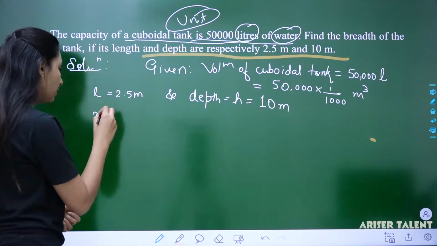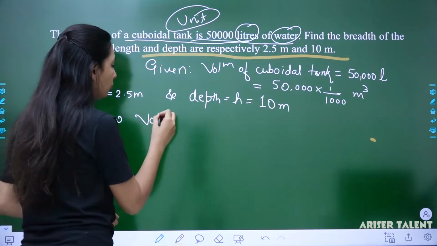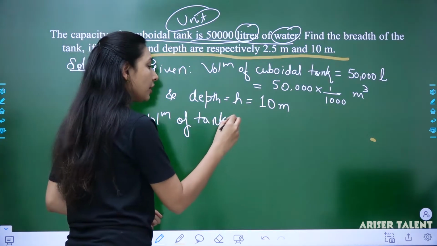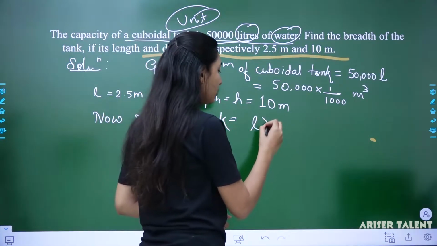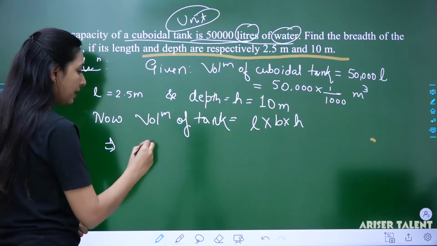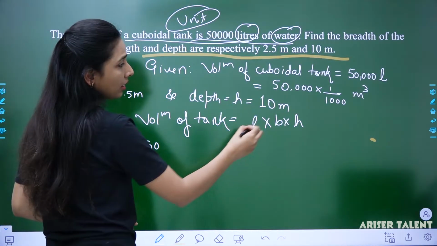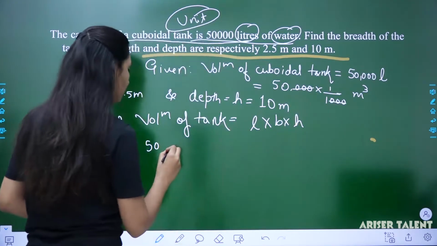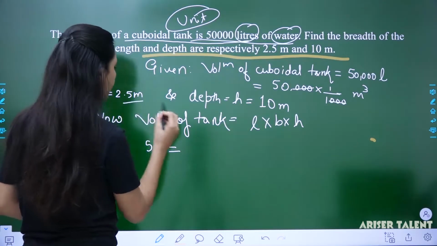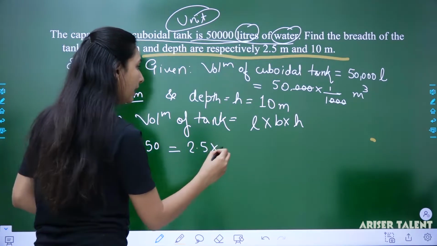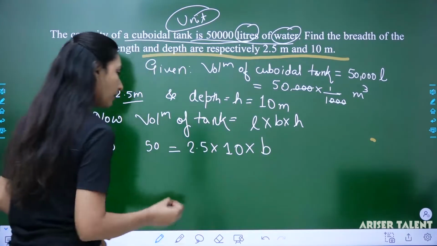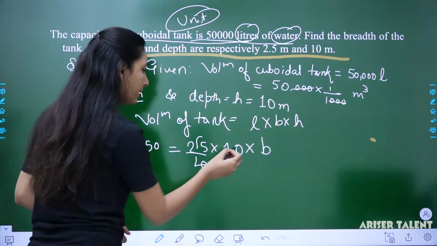Now volume of cuboid, volume of the tank which is in a cuboidal shape, is going to be L into B into H. Putting values here, we can say that 50 is equal to L, which is 2.5 meter, multiplied by the height 10 meter and the width, which is B. So we can cut this 10 by this 10.